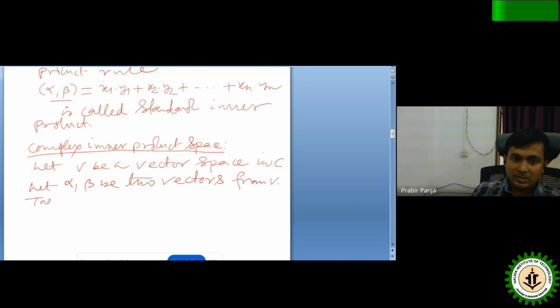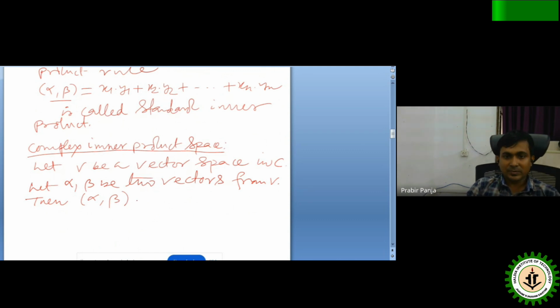Then if we define a product rule alpha beta, that is the inner product between two complex vectors alpha beta, then if this alpha beta satisfies some conditions, the vector space V under this product rule alpha beta will be called a complex inner product space.